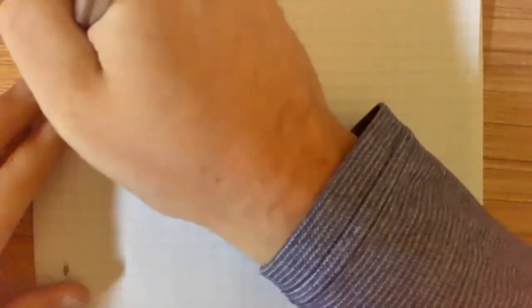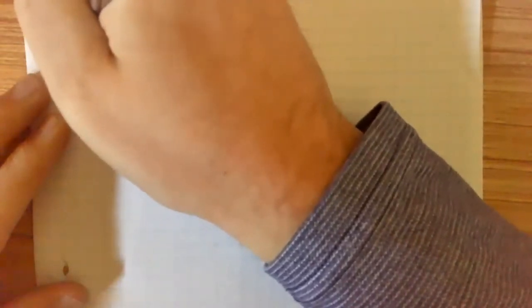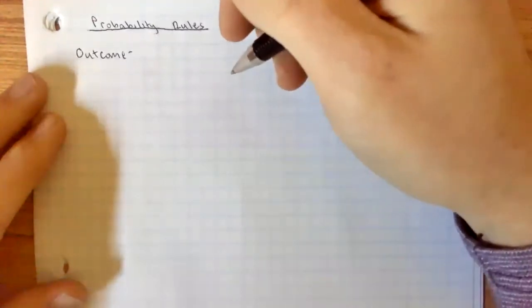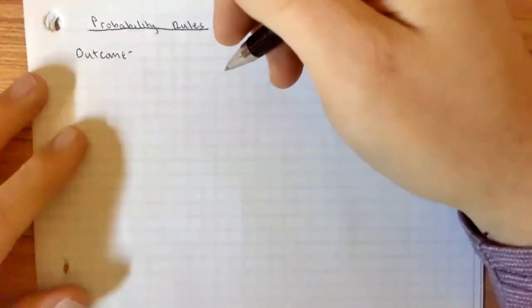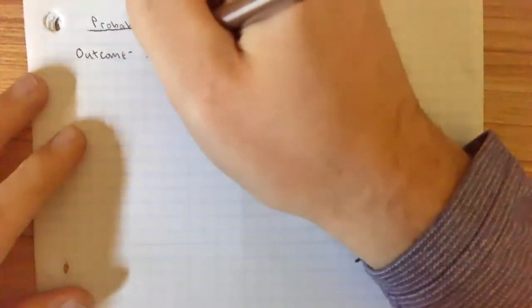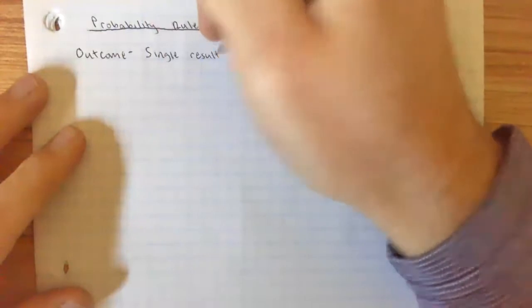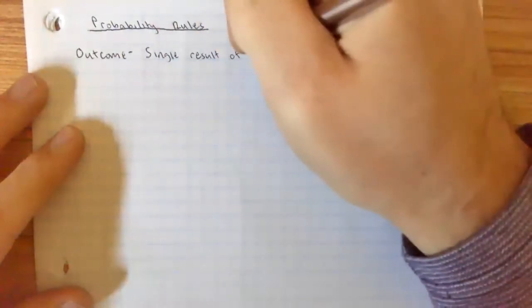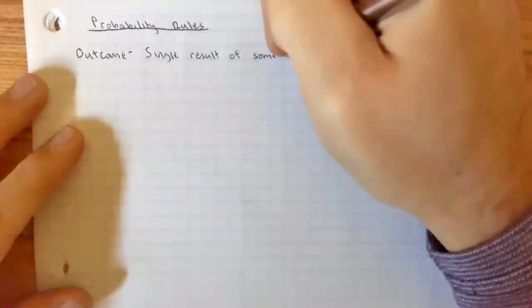Before we begin, I want to make sure we have a very clear understanding of what an outcome is. You'll hear this word a lot as we study probability. An outcome is a single result of some random process.